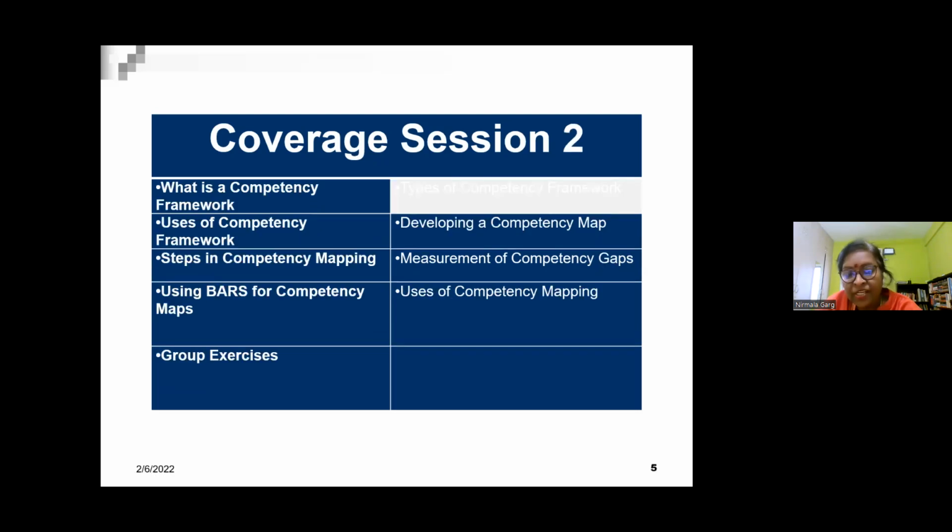Having said that, in session 2, we are going deeper, getting to know the frameworks. Then we start understanding how we go about mapping competencies. What is the process of competency mapping? Then when you start mapping the competencies, how do we classify them?